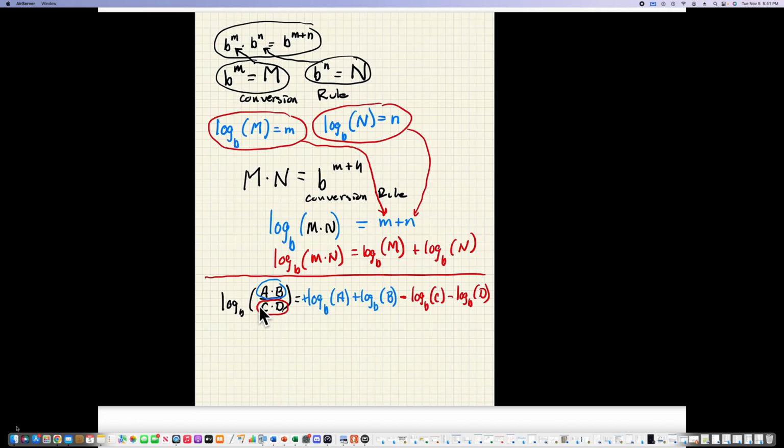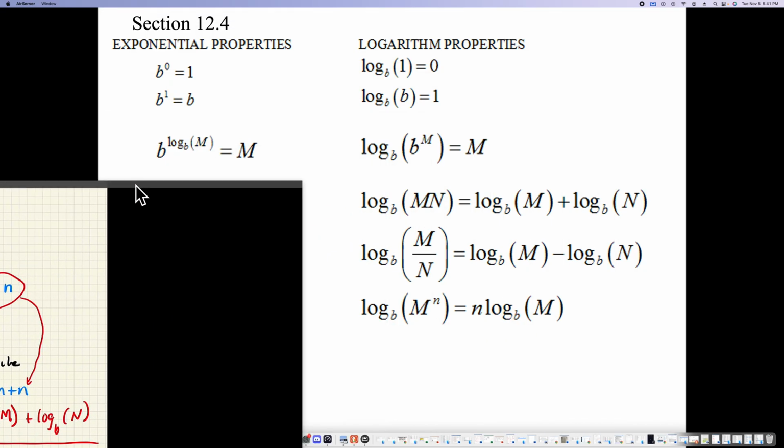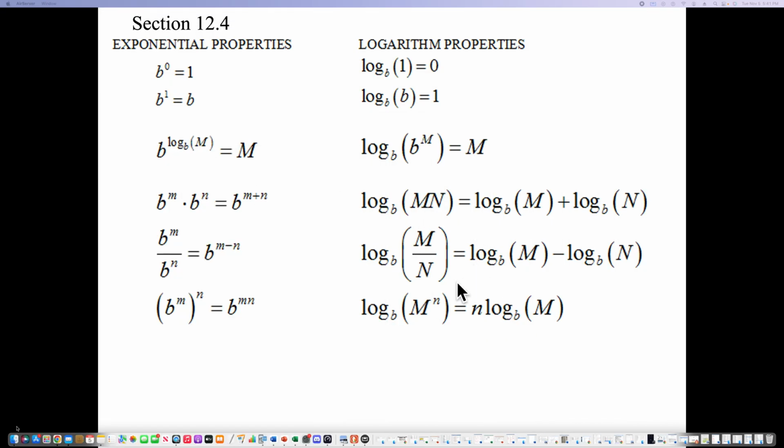And whoever is on the bottom, they are minus logs when you separate that. One of the things I don't like about most textbooks is that they only put 2 arguments in here, 2 factors. So the more you have in the bottom, they're all minus logs.